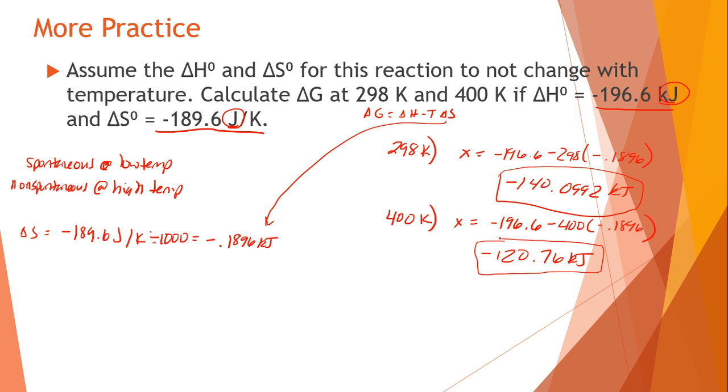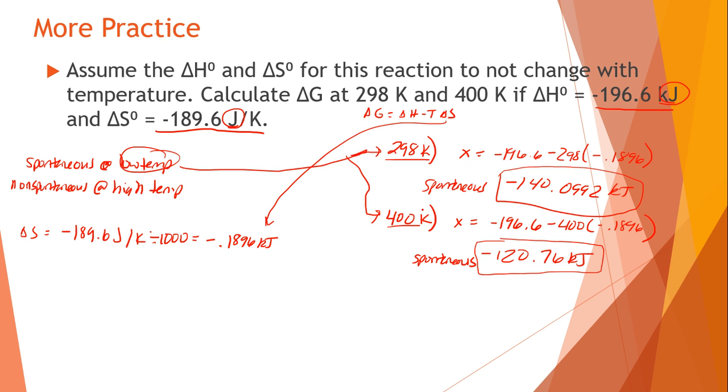Okay, now let's compare those values to what we predicted. We predicted that it's going to be spontaneous at low temp. Both of these values are negative, so both of these are going to be spontaneous, which means 298 and 400 are considered to be low temps.